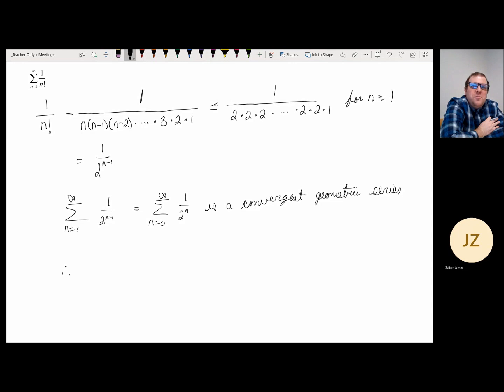Found a larger term whose series converges.